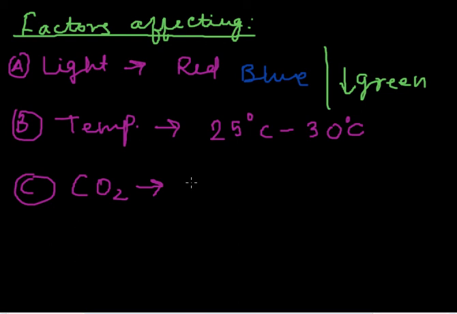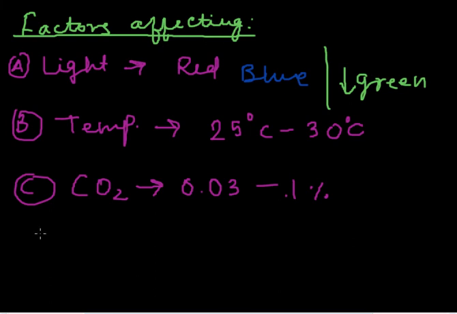Means if the carbon dioxide present in the atmosphere is between 0.03 to 0.1%, then it is suitable for photosynthesis. Above this, the stomata will be closed and photosynthesis will not occur because of the closing of stomata, and we can say that it is because the plant is unable to absorb CO2 from the atmosphere.